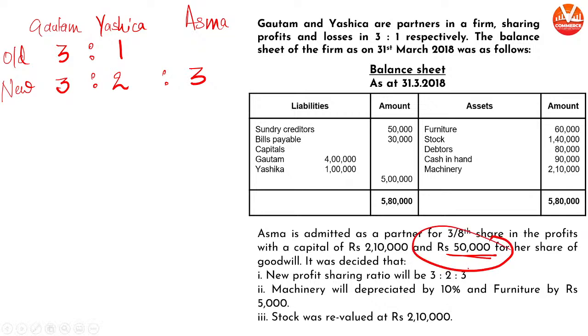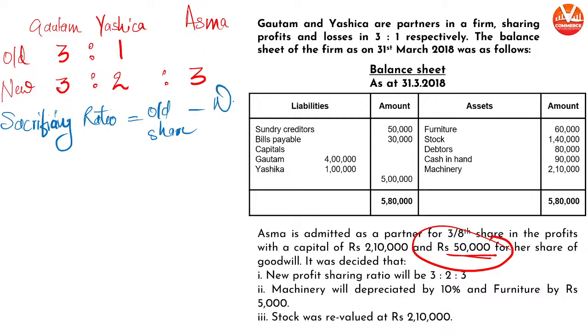This goodwill is to be distributed in the sacrificing ratio. So we will calculate the sacrificing ratio, which is equal to old share minus new share.